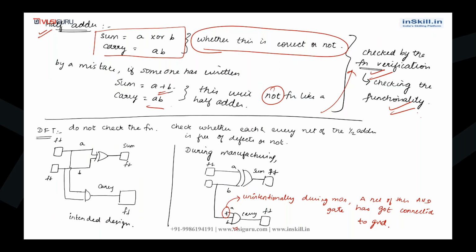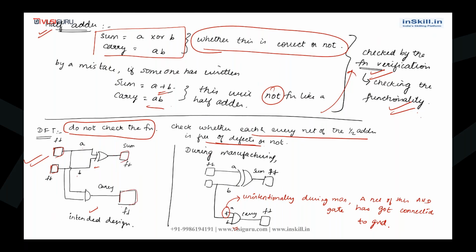Now the DFT team does not check the functionality. We check whether each and every net of the half adder is free of defects or not. Say this is our intended design: sum is A XOR B, carry is AB. The A and B of this half adder come from flops, and the sum and carry go to some flops.